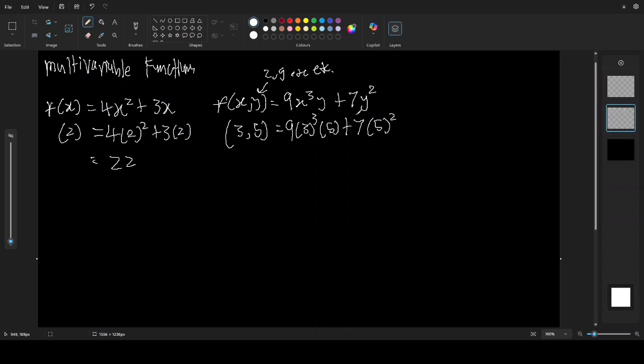Calculate it again. So we'll come up with a whopping 1,900. No, 1,390. Yes. So that's a simple explanation of multivariable functions.